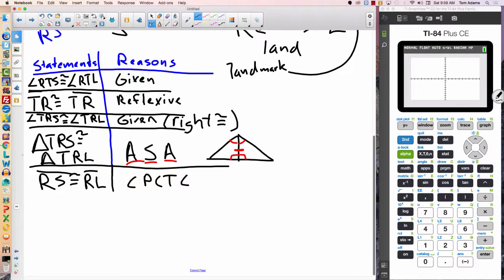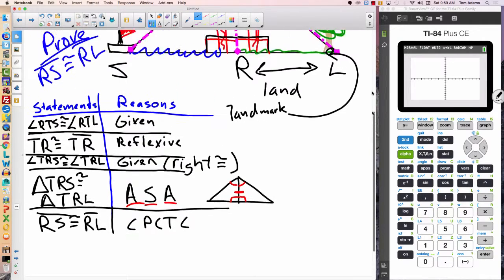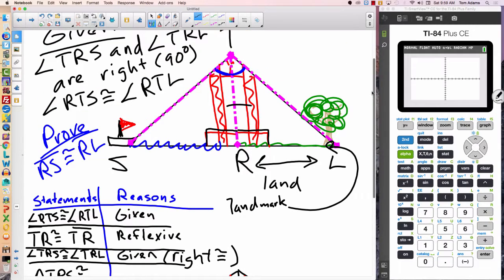Okay? And so because Thales knew and understood this, if he knew the measurement of the landmark distance from, say, the base of the tower, then he could easily, using the compass and ensuring that the compass had congruent angles, determine when the ship was RS distance away.